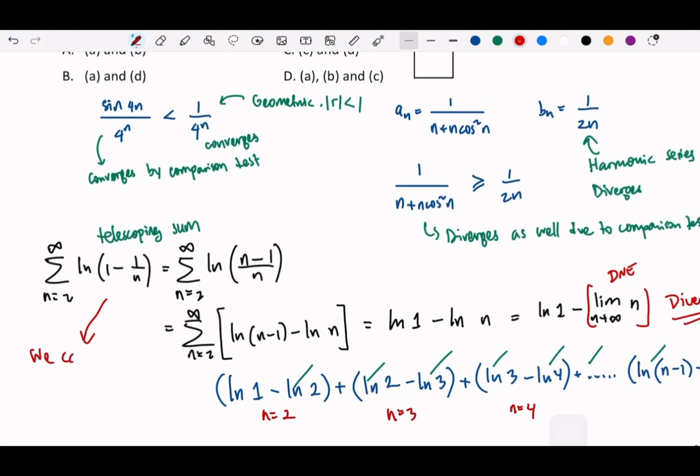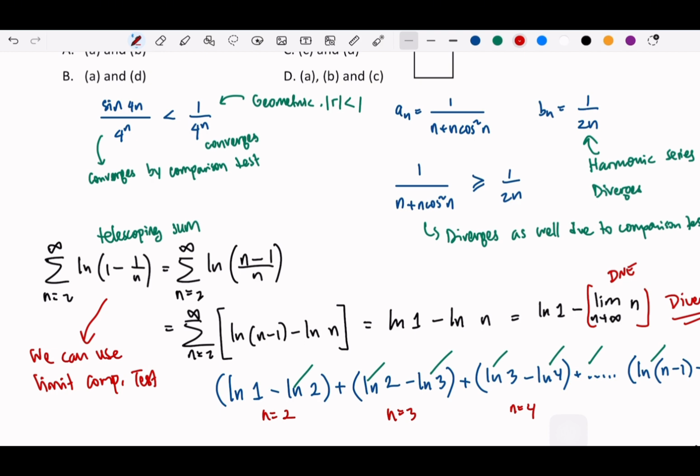We can use the limit comparison test. Actually, the limit comparison test is the official solution. This is an alternative because we already have the comparison.